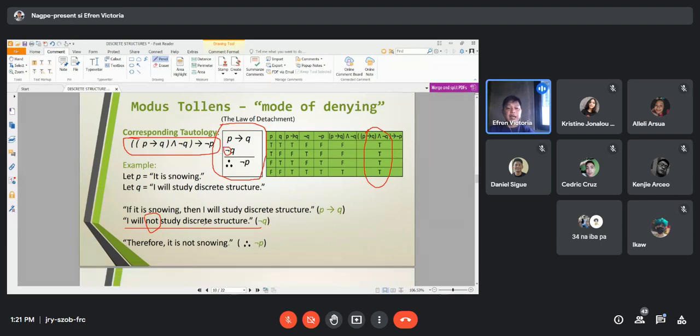So I will not study discrete structure, therefore, meron tayong not dun sa conclusion. Therefore, it is not snowing. Okay? So, napakadali lang, di ba? Pagbabasehan lang natin yung forms. But still, dapat kabisado nyo yan kasi may mga certain problems na kailangan mo i-identify kung anong form belong yung argument.